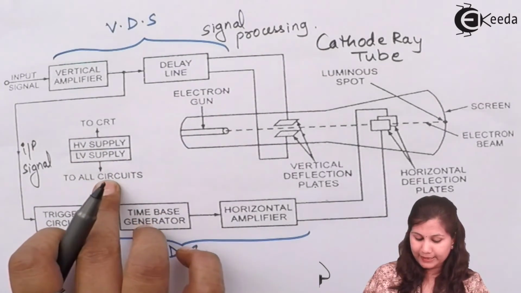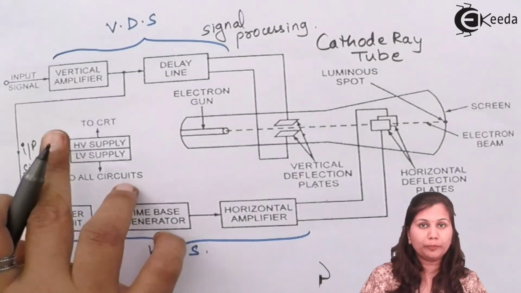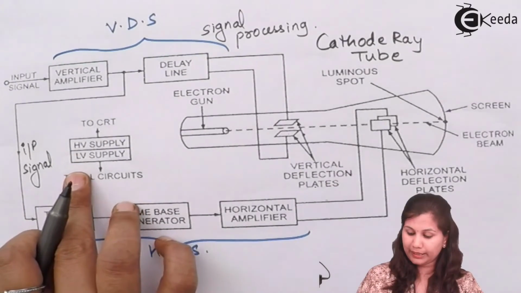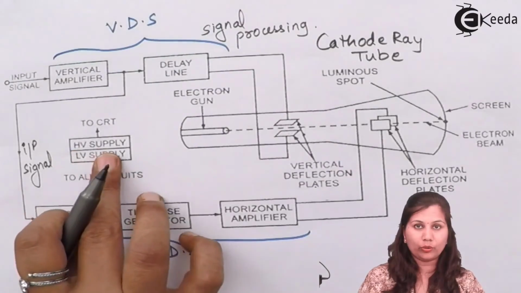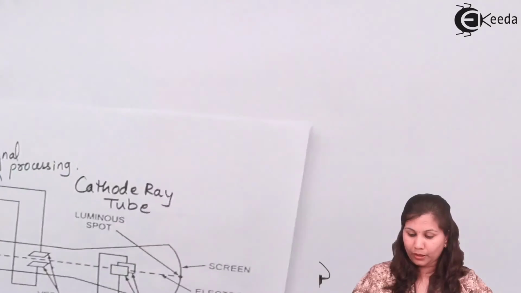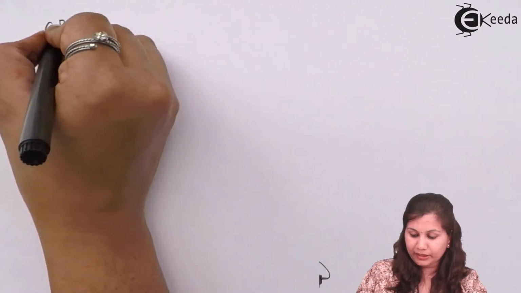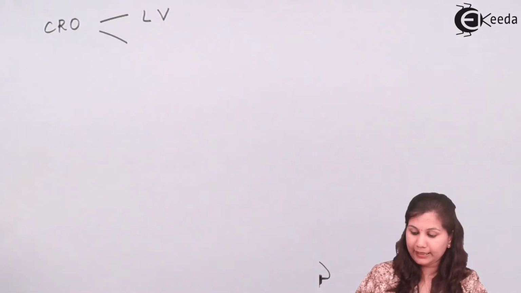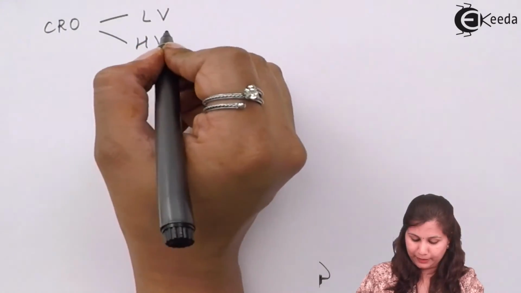In the power supply section, you can see that there are two built-in power supplies. One is the low voltage supply and another is the high voltage supply. So in CRO, we are having two power supplies, that is low voltage supply and high voltage supply.